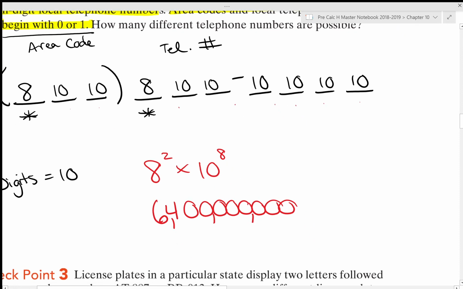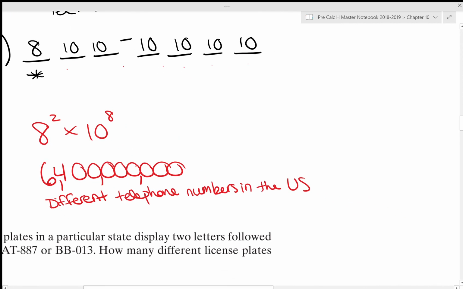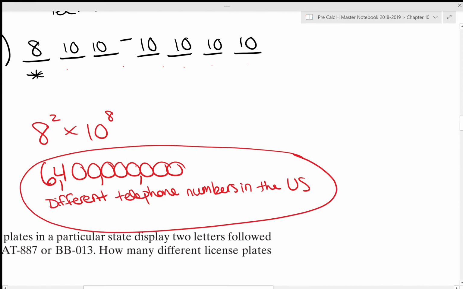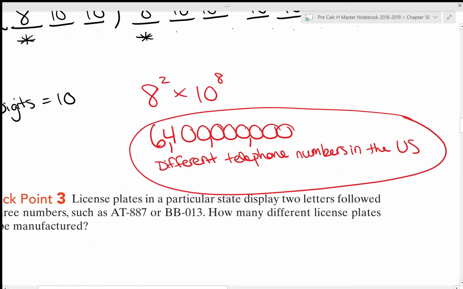So you can have 6,400,000,000, so 6.4 billion different telephone numbers in the United States. There are about 7 billion people on the planet, so we definitely have more than enough telephone numbers for the U.S.